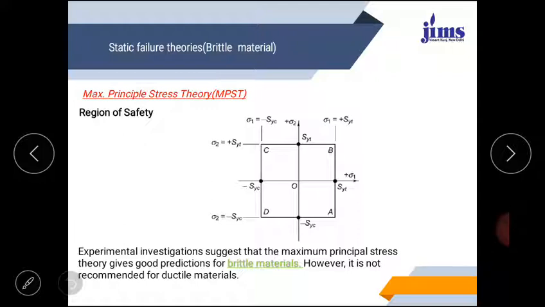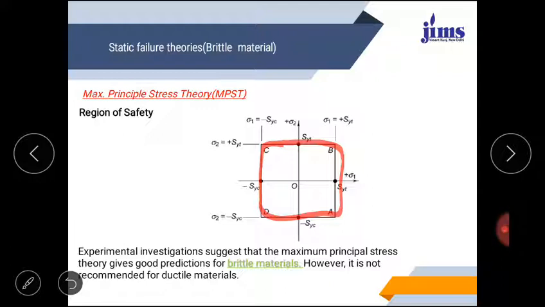Again, if the combination of sigma 1 sigma 2 is within this boundary, then the component will be on the safer side, and when the combination of sigma 1 sigma 2 crosses the boundary, then the component will be on the dangerous side, meaning the component may fail.